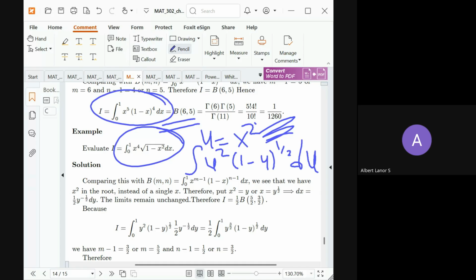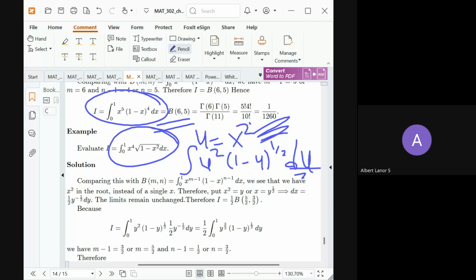Then you can bring it out, so this should be over 2. Now you can rewrite it in this way. So please take your time and look at them.